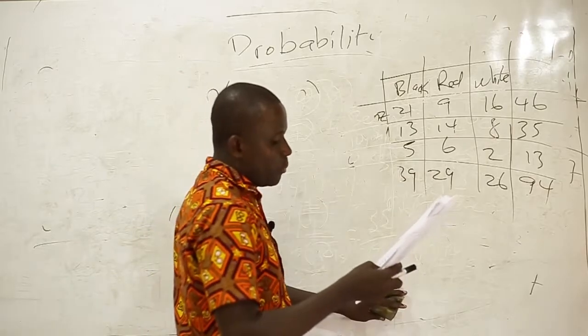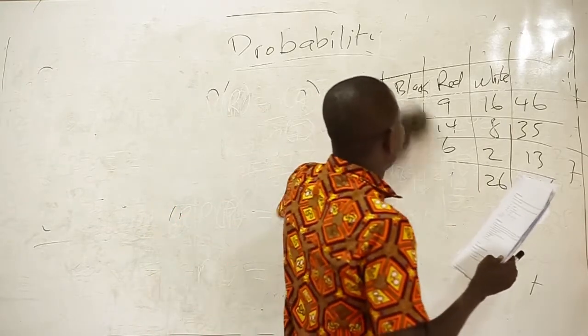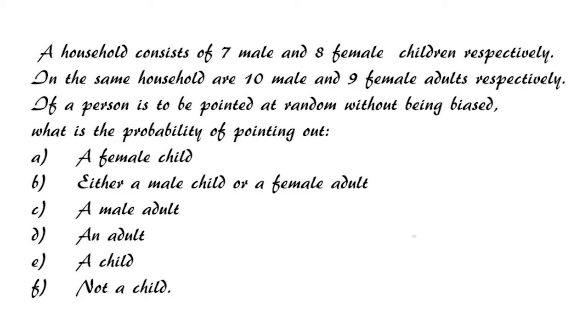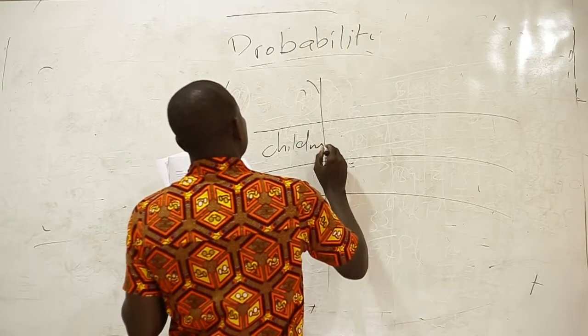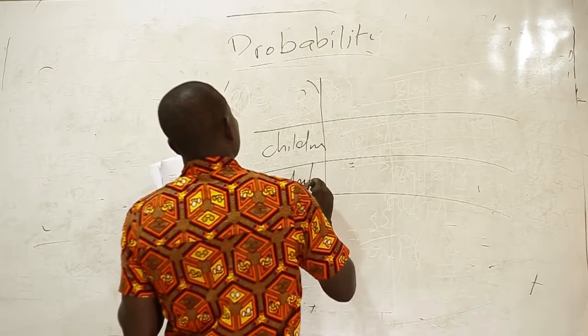Now, problem 5. That one you speed up a little because I guess you've understood this one. A household consists of 7 males and 8 females. Okay, children. So here once again, he has mentioned adult and children. So here is children, and here is what?